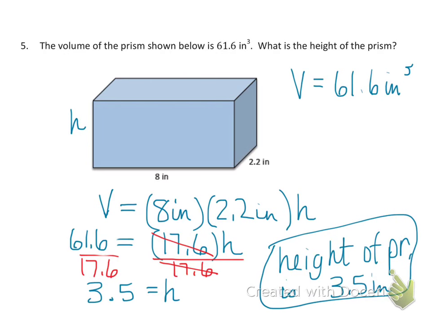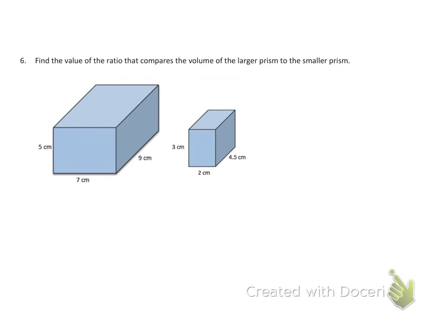All right, so let's look at another one. So here we have two prisms, and we're asked find the value of the ratio that compares the volume of the larger prism to the smaller prism. Okay, so I would start by finding the volume. We'll call this prism 1 and this prism 2. So volume 1 is the length times the width times the height.